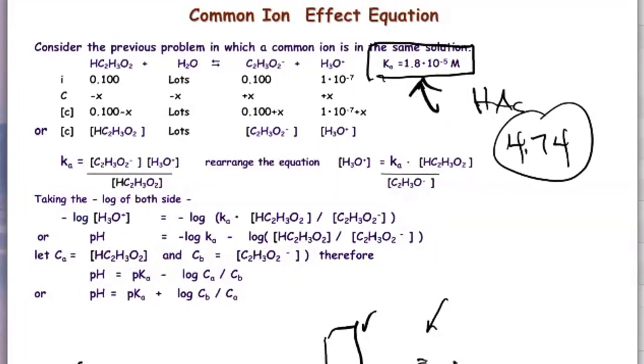Well, when you're creating a buffer, remember you guys use buffers in lab. You use the buffer solution to calibrate the pH probe at 4, and then the higher end you would use the buffer solution at 10. Well, these buffer solutions are important because maybe you have an experiment in which the pH needs to stay consistent.